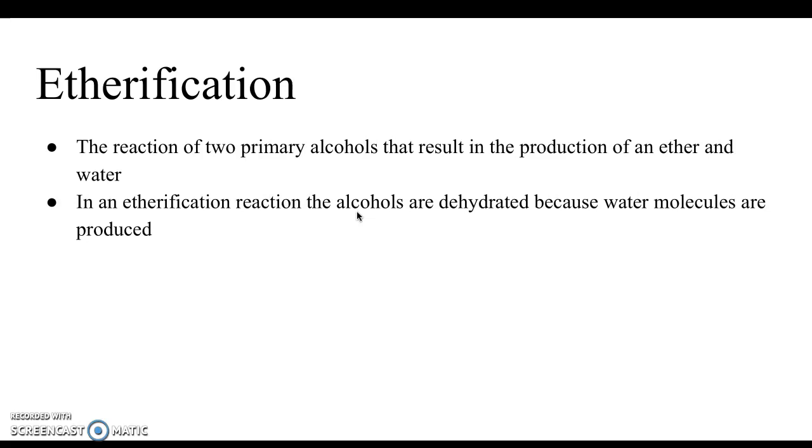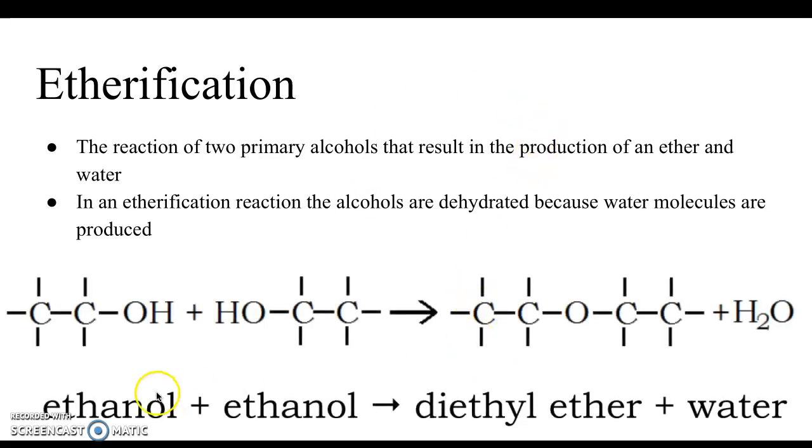So anytime water molecules are produced, something is being dehydrated. In this case, it's those primary alcohols. Primary alcohols are attached to an N carbon. So here we have 2 primary alcohols which react and they make an ether. Again, an ether is the functional group where it has a side chain of carbon on either side of an oxygen, and it makes water.